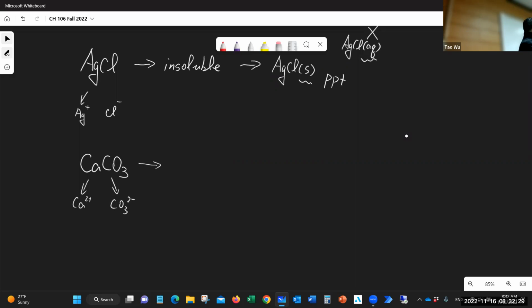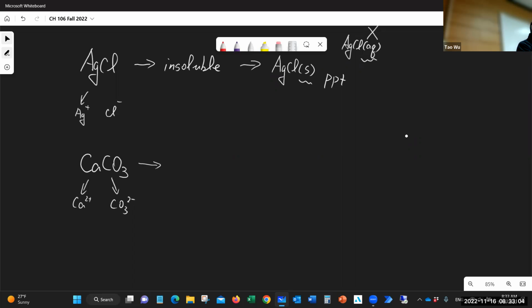Next one is the calcium. Where is the calcium category? The first category only says alkali metal ions, hydrogen ion, and ammonium ion. It doesn't show calcium, so calcium is in the second category, any other cations.